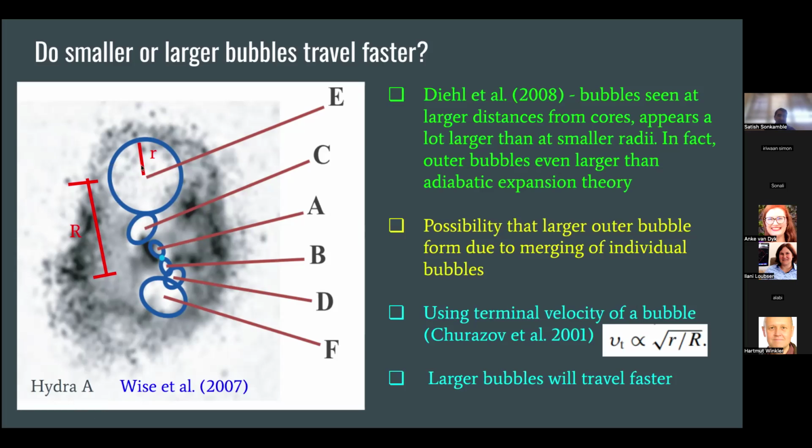In fact, the outer bubble can be even larger than the adiabatic expansion theory of a bubble allows. So possibly that larger outer bubble formed due to the merging of individual bubbles created by previous AGN outbursts. So using the terminal velocity, we can clearly say that this larger bubble will travel faster compared to the smaller bubble.